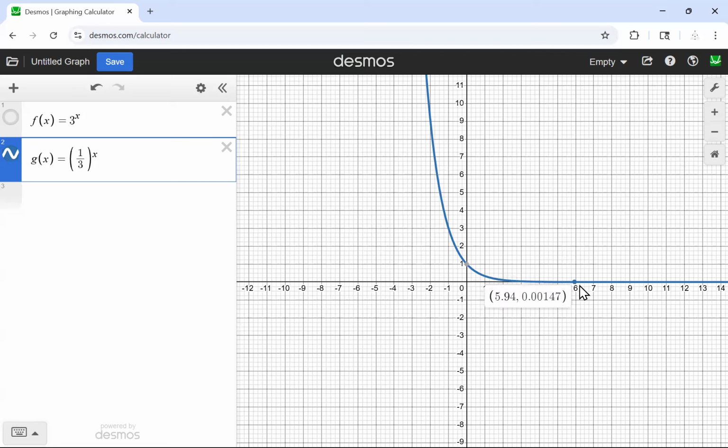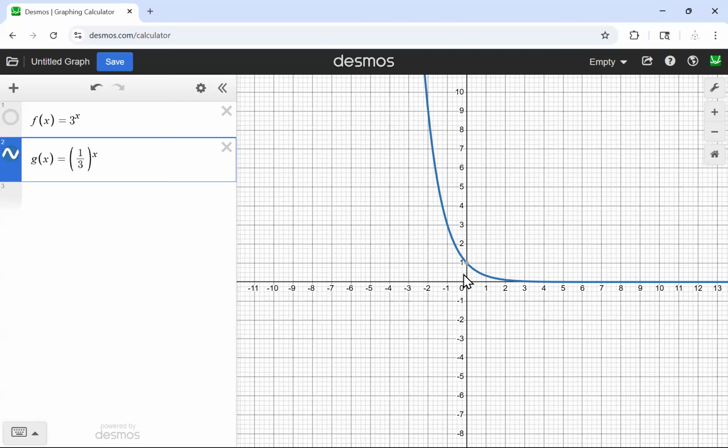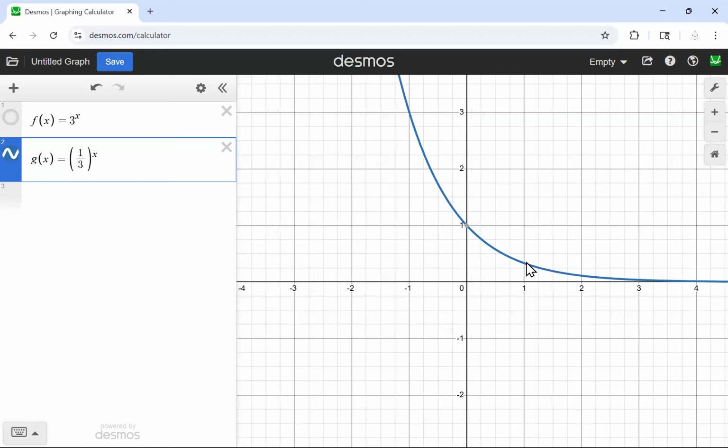As we get larger inputs, it gets closer and closer and closer to 0. We're still going through the point 0, 1, but now we go through the point 1, 1/3, and -1, 3.